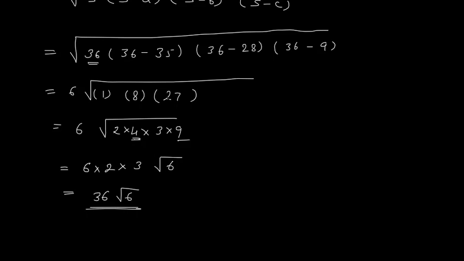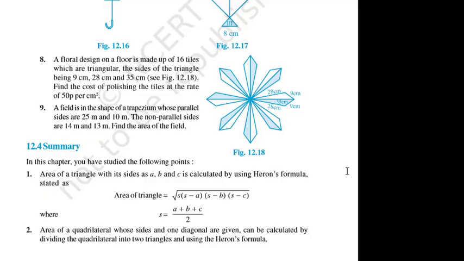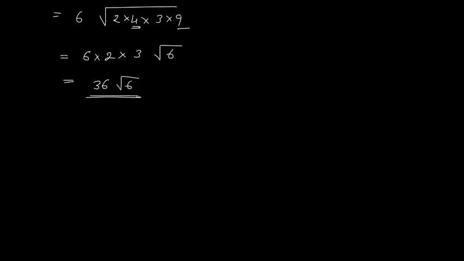Now how many tiles do we have? We have a total of 16 tiles, and the cost of 1 centimeter square is 50 paisa. So the area of 16 tiles is equal to 16 into 36 root 6 centimeter square.